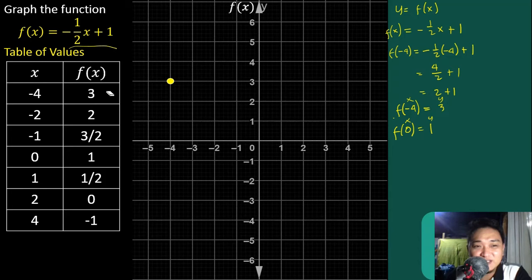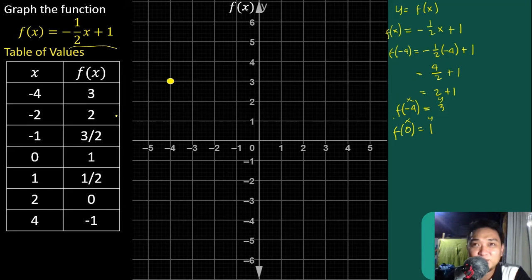So, using this table of values, kanina kasi ang ginawa natin, we are solving the function isa-isa, or at least makasolve tayo dalawang value for x for that function. Ito naman ang ginawa natin, meron tayong table of values, tapos meron tayong set of values for x, and then inisa-isa nating isolve yan for that value of x.